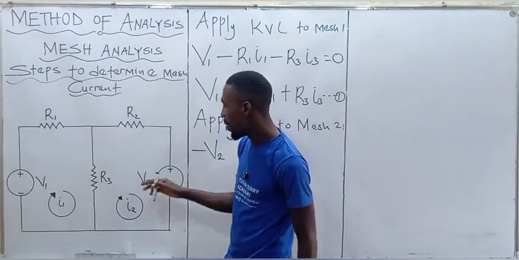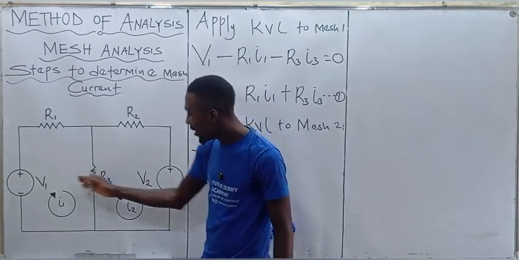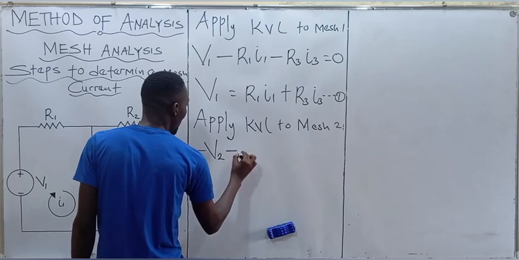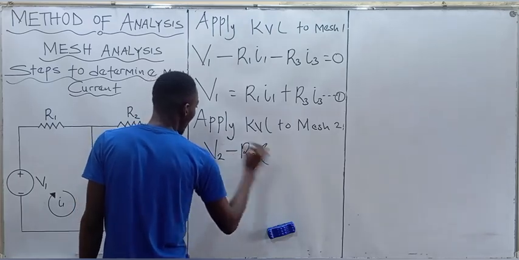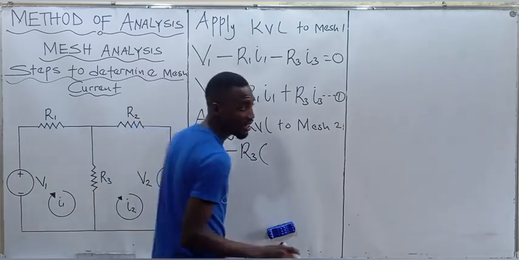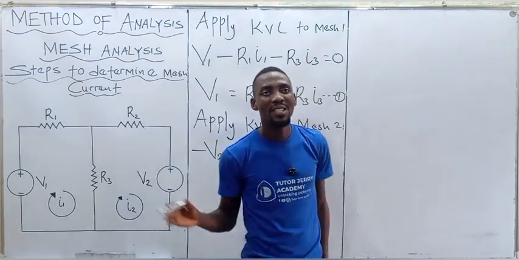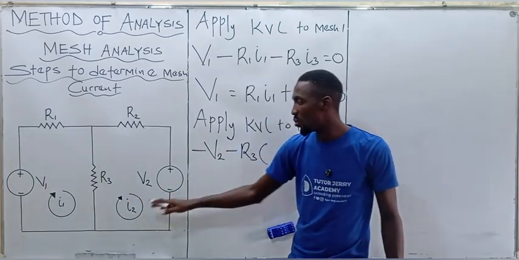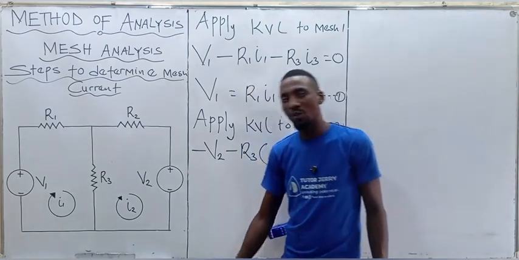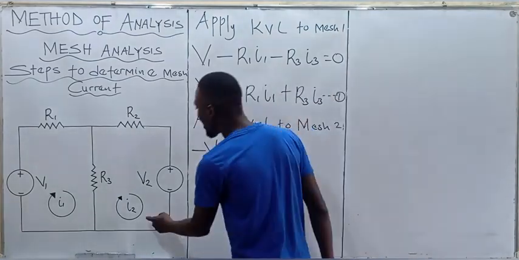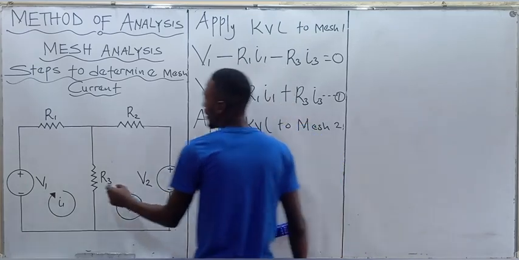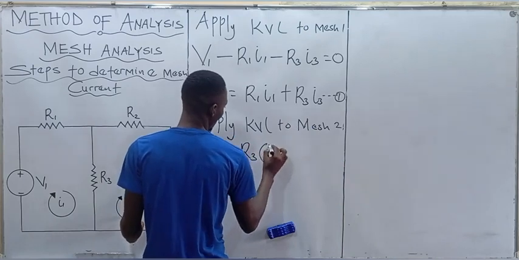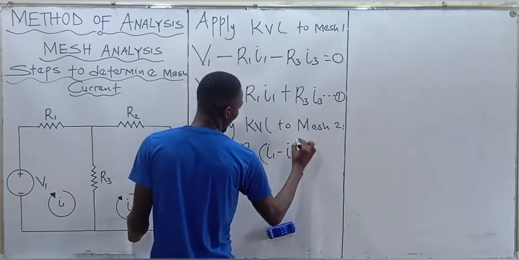But mind you, our R3 is between mesh 1 and mesh 2. So here is going to be minus R3 into what? Will it be I1 minus I2, or I2 minus I1? If we are considering mesh 2, the current that is here is going to be I1 minus I2.